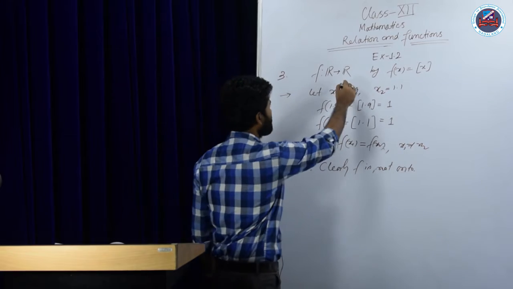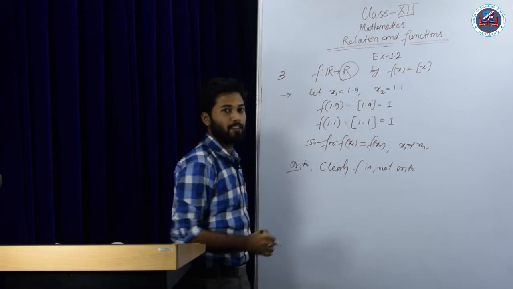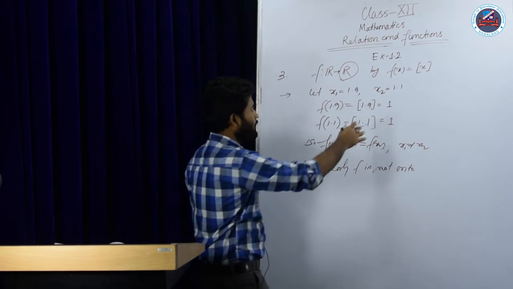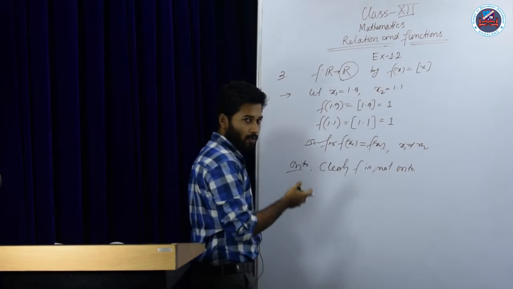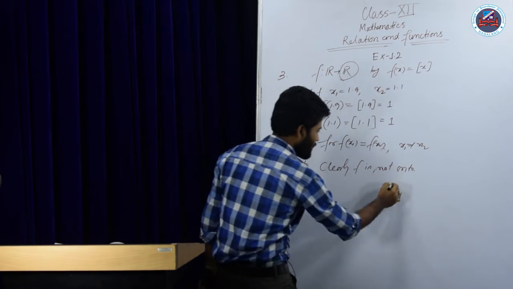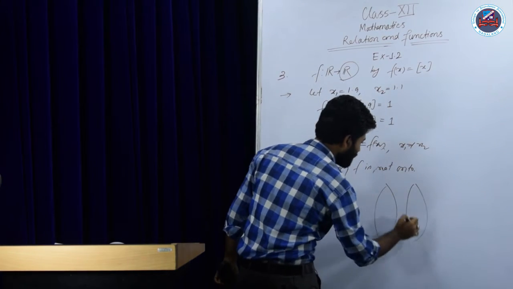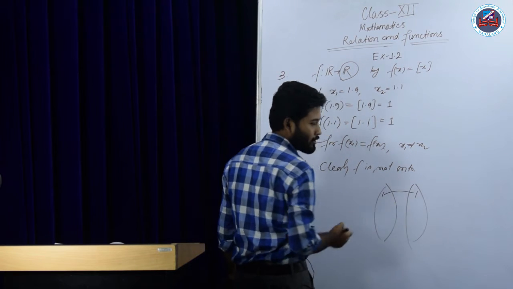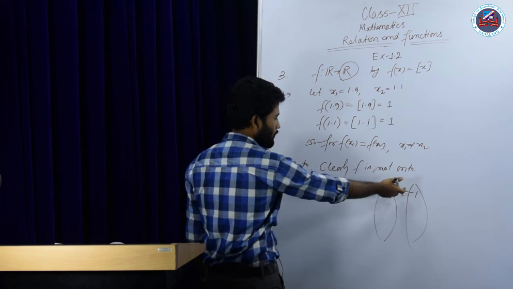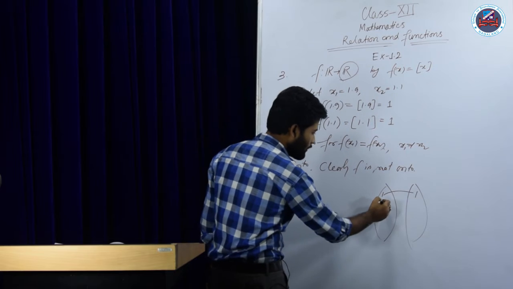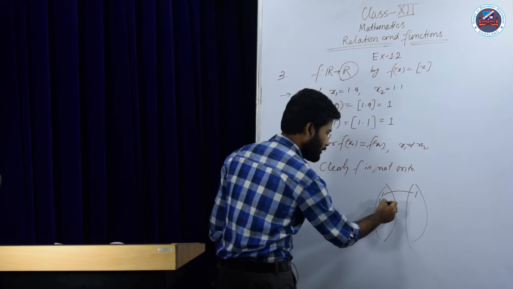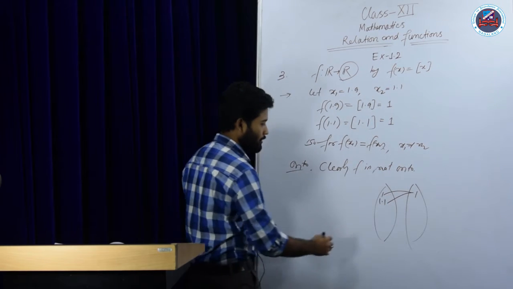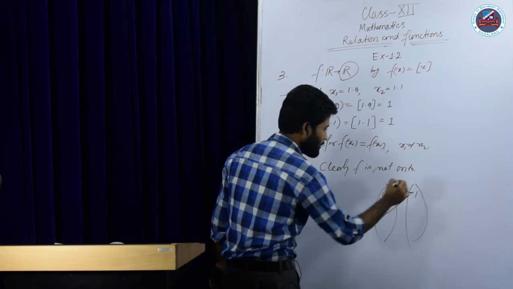That means the important part is that here the codomain is the real numbers. Okay. Now, what does our function say? For whatever decimal number we put here, suppose if we put here 1, it will be mapped to 1, or the function will assign 1 to 1. What if we put here 1.1? It will go to the same element. For 1.9 it is going to the same element.